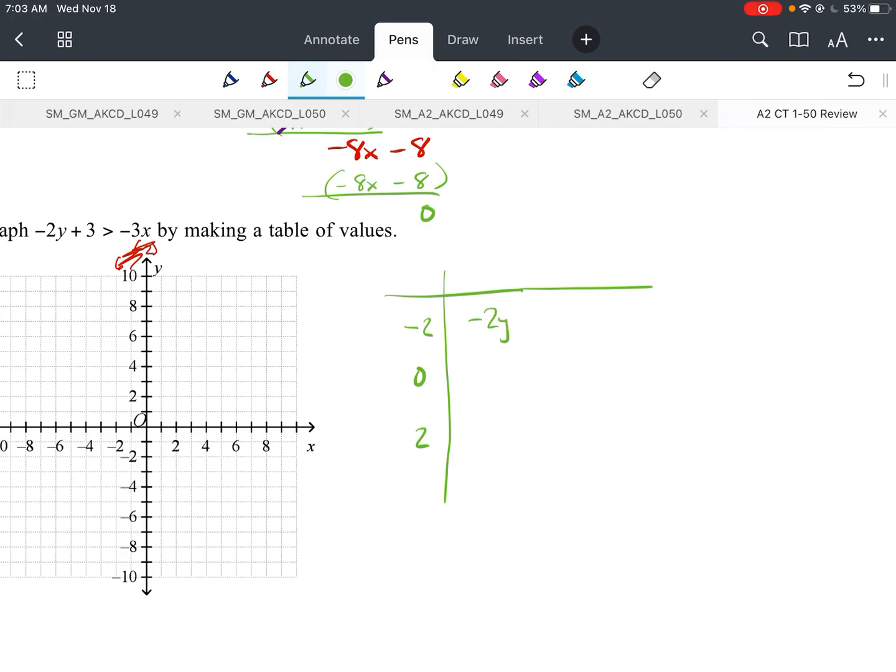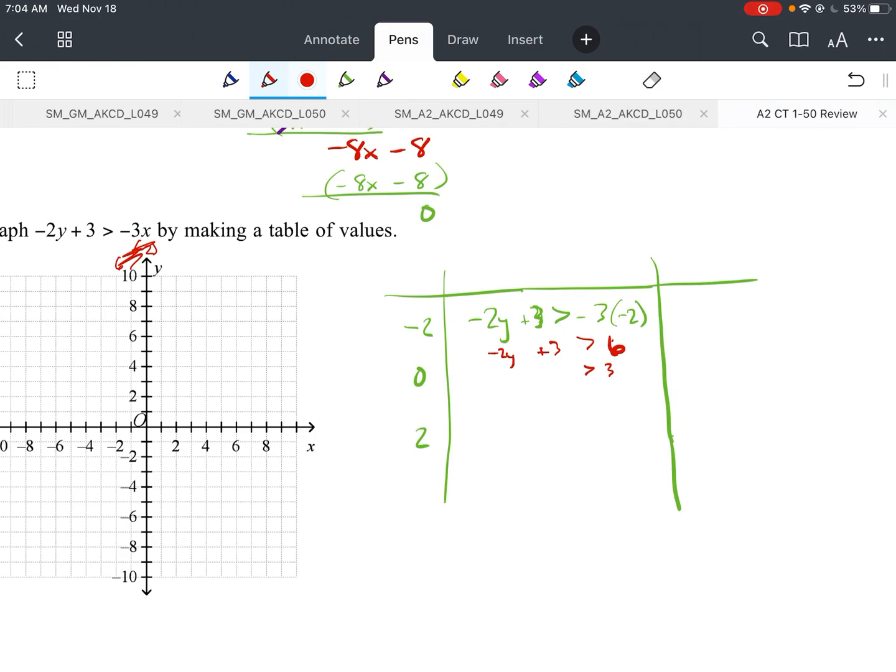This is negative 2y plus 3 is greater than negative 3 times negative 2. So just solving that and working that out, this would be 6, and we'll subtract 3 from both sides.